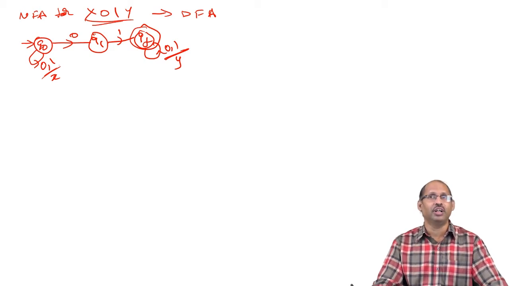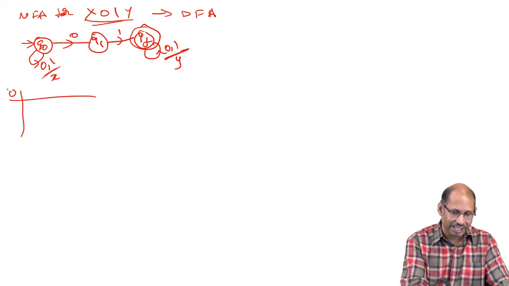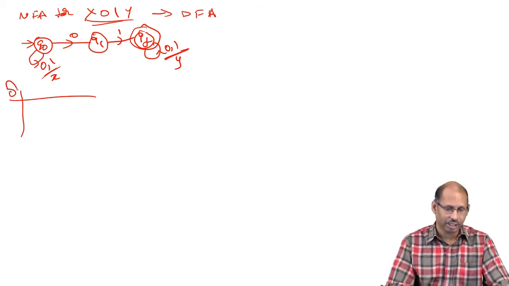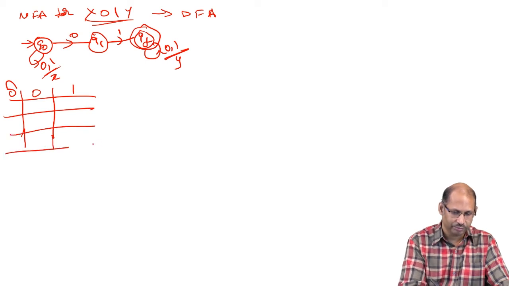Now we want to convert this NFA to DFA. First we'll see the transition table for this NFA. We represent columns with the alphabet symbols and rows with states.